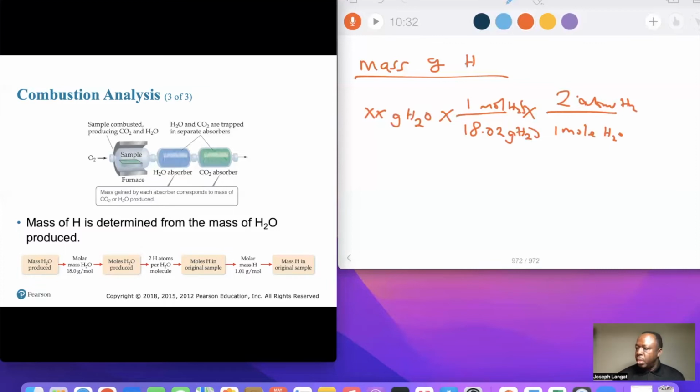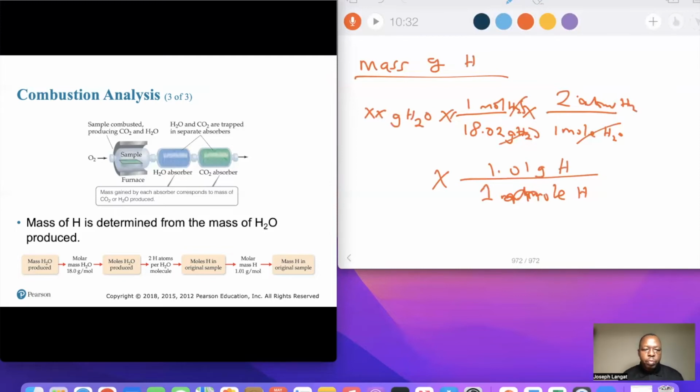Hydrogens. So that you reconcile that times, for every 1 mole of hydrogen, not H2O, there is 1 gram of hydrogen, 1.01 grams.